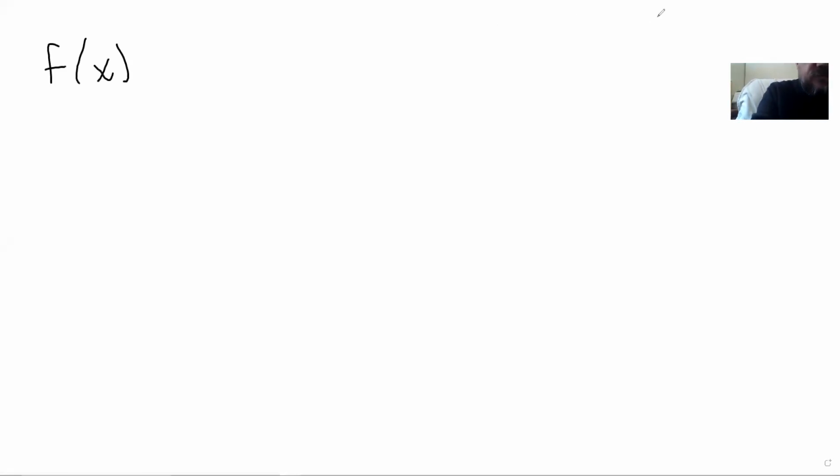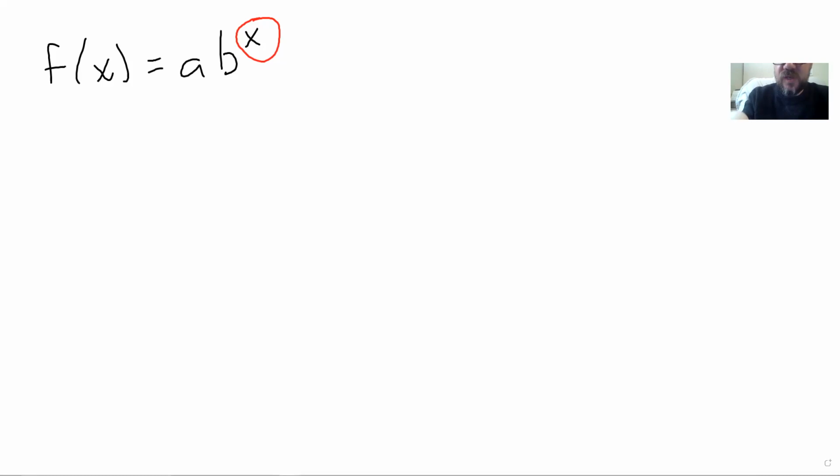Yeah, it looks better. f of x equals a b to the x, where a and b are going to be numbers, right? 2 times 3 to the x, something like that. It's called exponential because the exponent is a variable. And you might think that maybe doesn't make that much of a difference. Turns out it does.